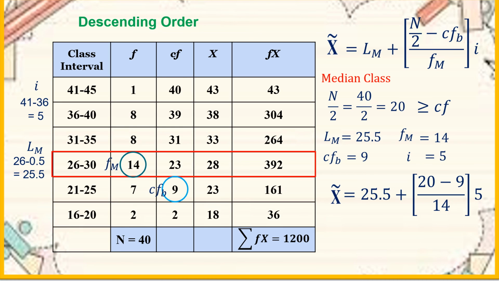In computing for this one, subtract first 20 minus 9, then divide by 14, times 5, plus 25.5, so that you shall round off in the final answer. So the median is approximately equal to 29.43, rounding off to 2 decimal places.